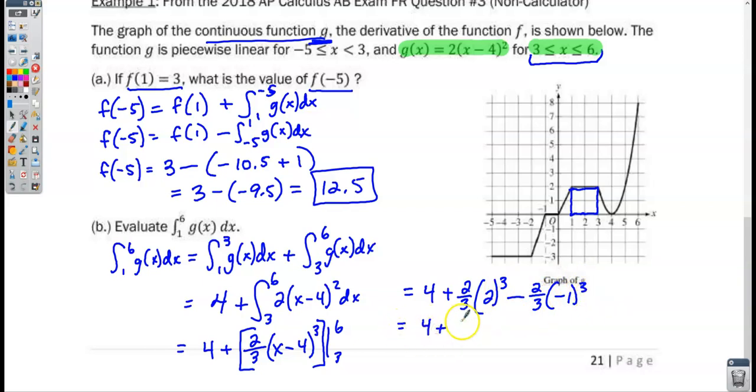So that's 4 plus 16/3 plus 2/3, and we end up with the value of that integral being, it looks like, 10. Yep. Okay, on to the next page.